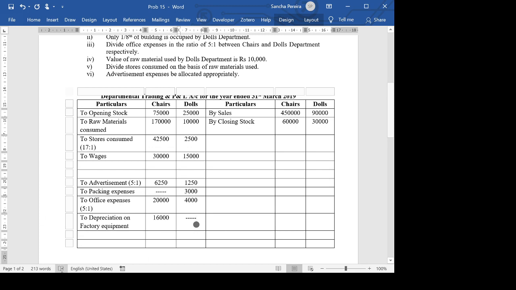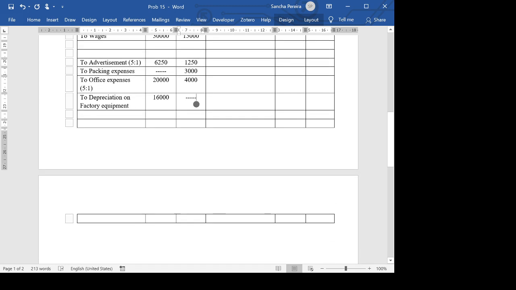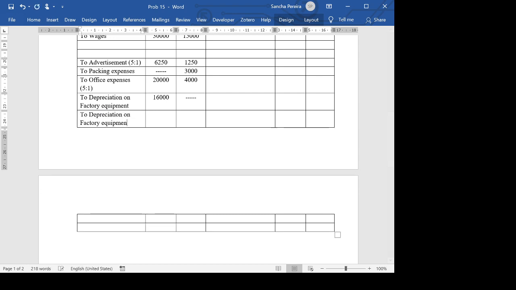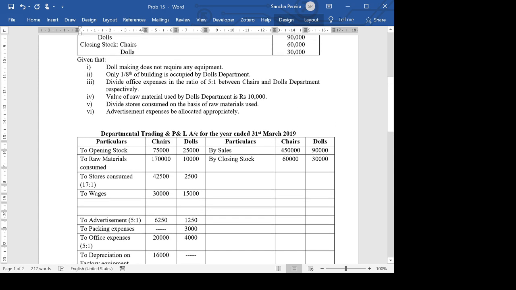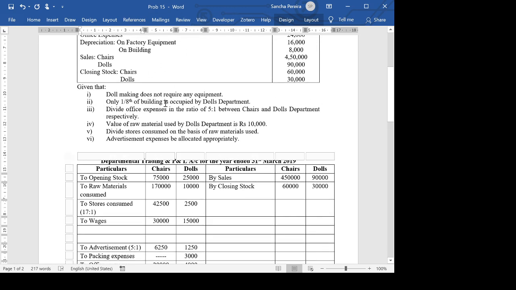And to depreciation on building, which has to be apportioned. They said only 1/8 of the building is occupied by the dolls department. So again, the ratio 1/8. If 1/8 is the dolls department, 7/8 will be chairs. So the ratio will be 7 is to 1.